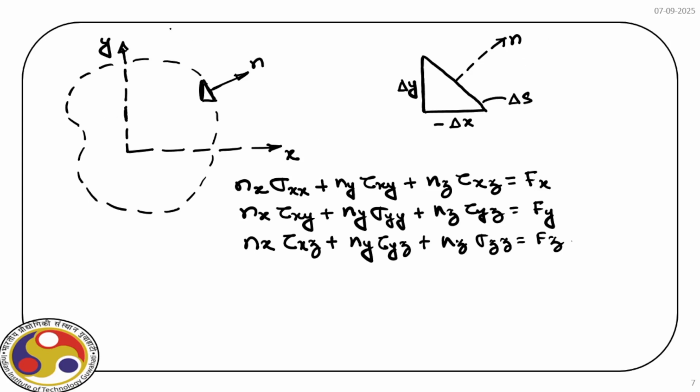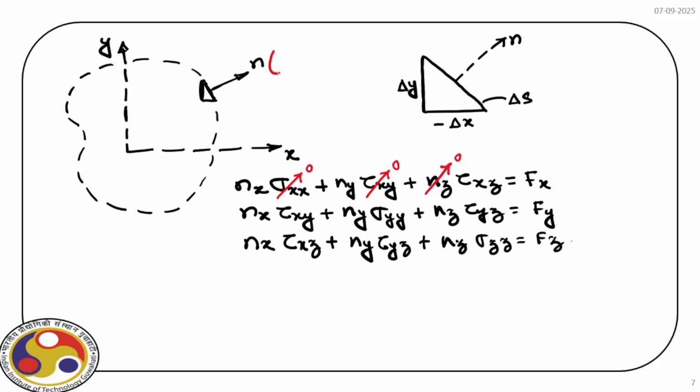Now, look at the components of the stresses which we have already derived, and for that again let us mark. So sigma xx, this component is 0, tau xy, this component is 0, and then nz for this wedge is also 0.